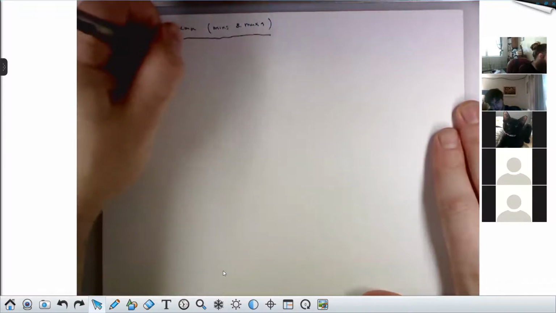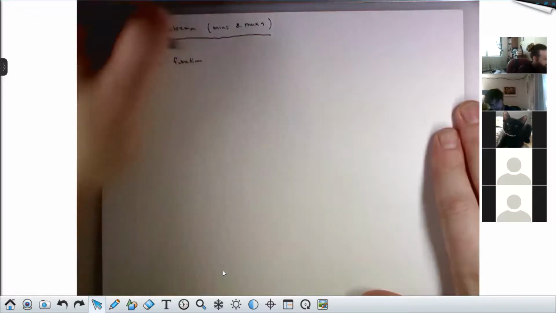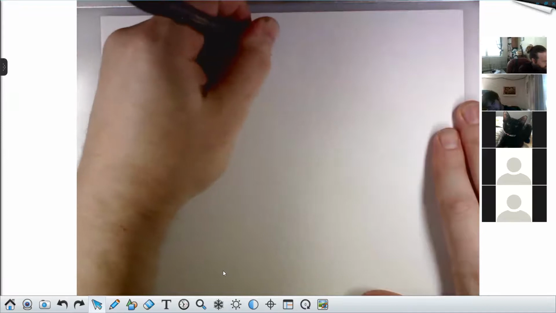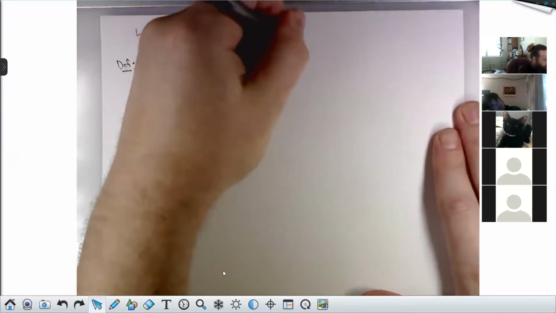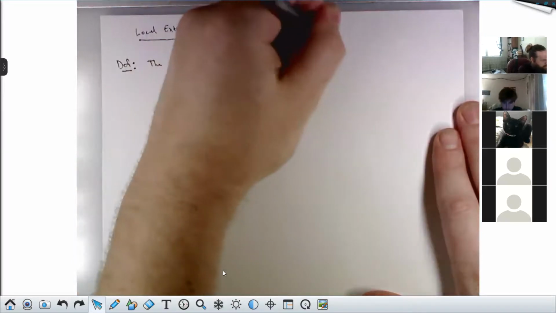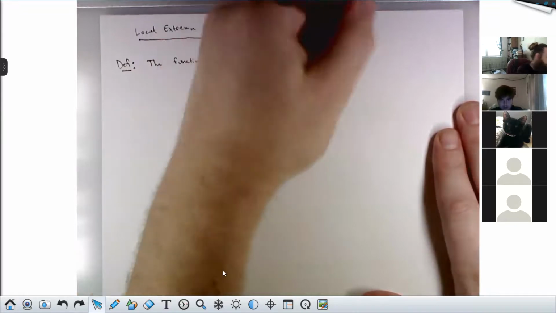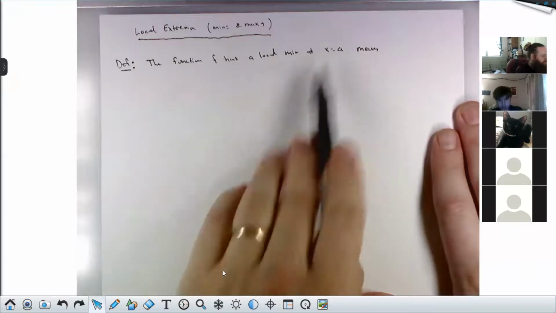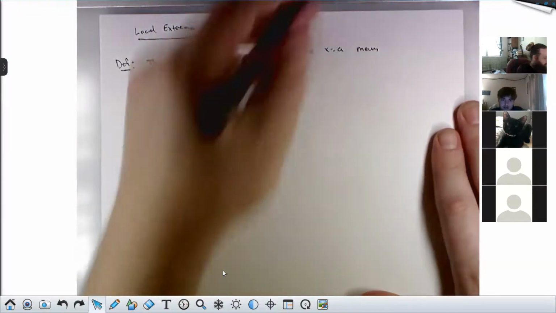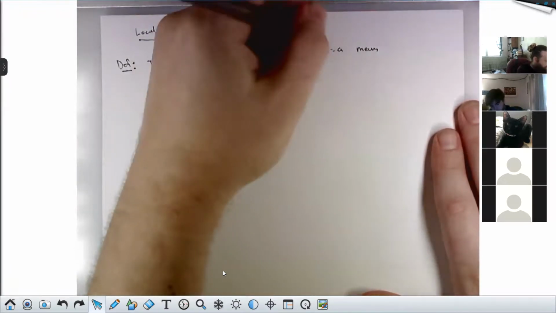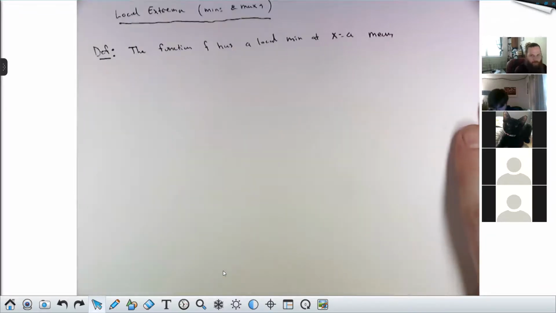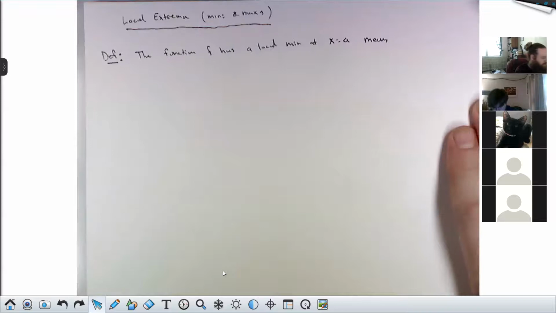The function f has a local min at x equals a means that the y value or the output from that function at x equals a should be smaller than any of the y values or outputs nearby.